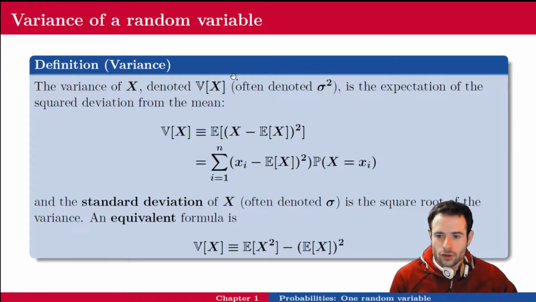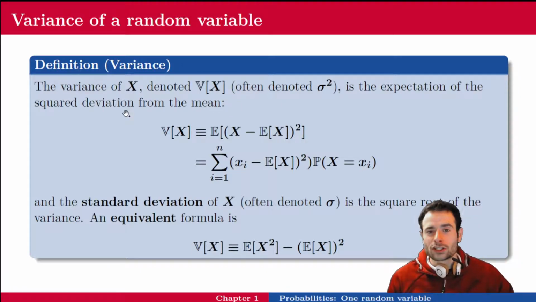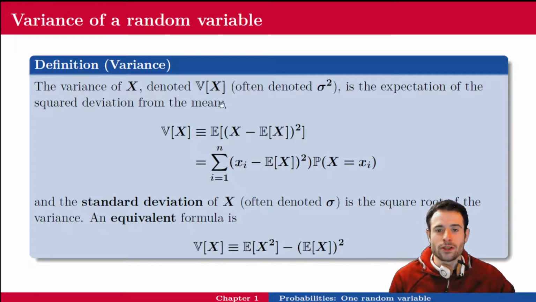So, first of all, go back from the end, use backward induction. That's kind of what people do in game theory. Look at the deviation from the mean. Deviation from the mean means I take my x and I take the difference between the values it can take and the average value it takes. Deviation from the mean.